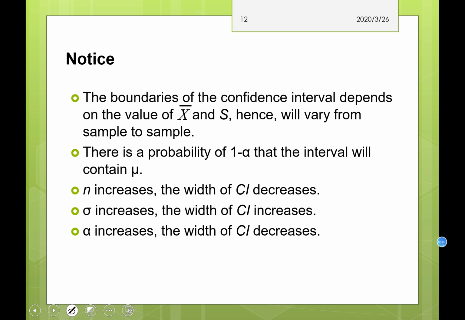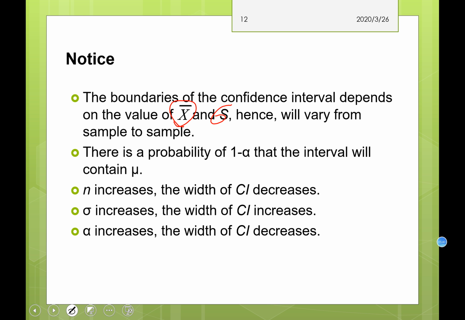Yes. Okay, so here, please notice that the boundaries of the confidence interval depend on the values of x bar and s. Especially in this kind of method, it most often depends on x bar because we use sigma actually.